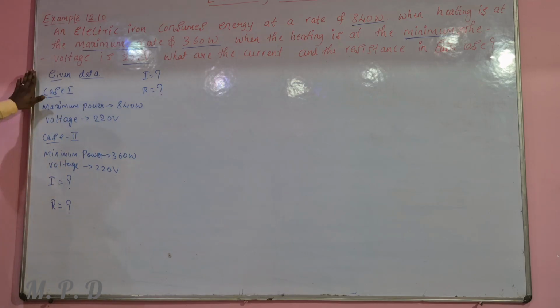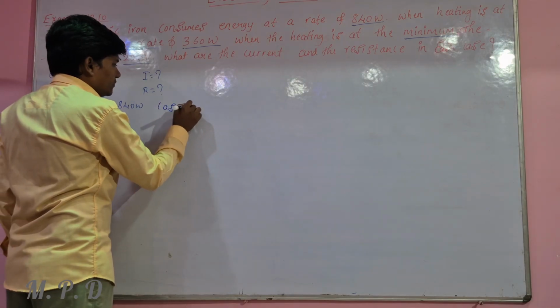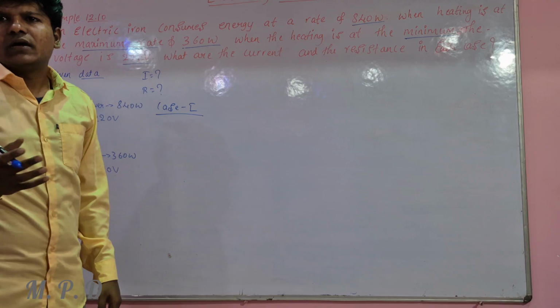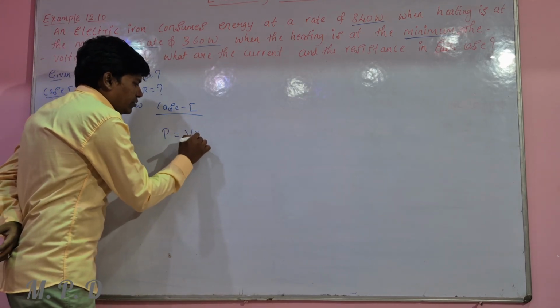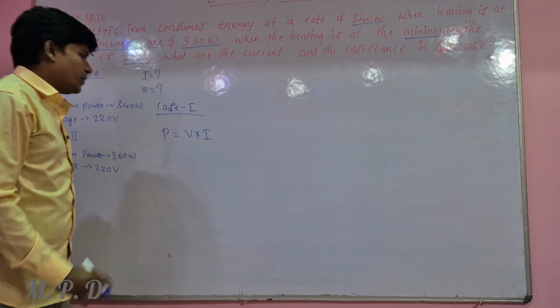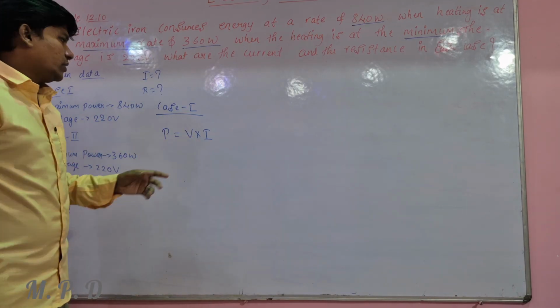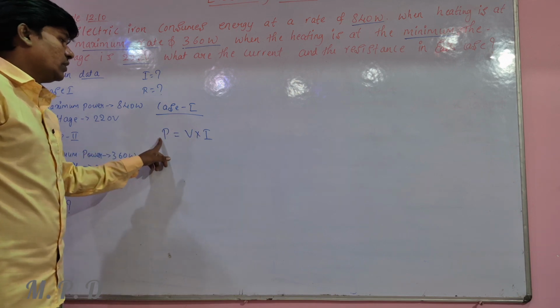First we take case 1. We know the formula P is equal to V into I. The power is equal to volt into current. But we don't have the current; we have the power.